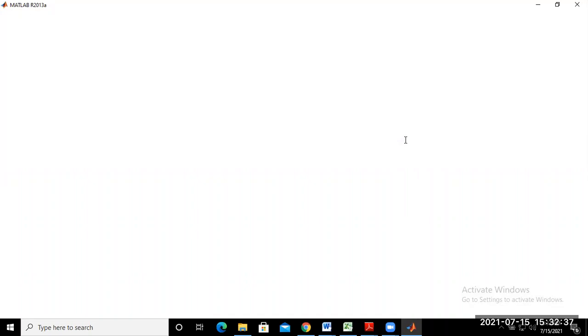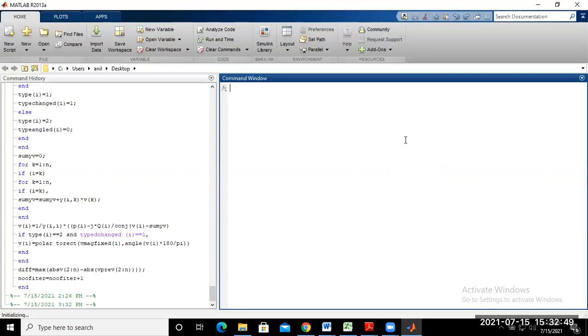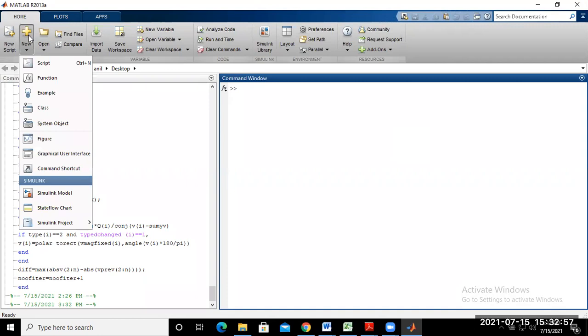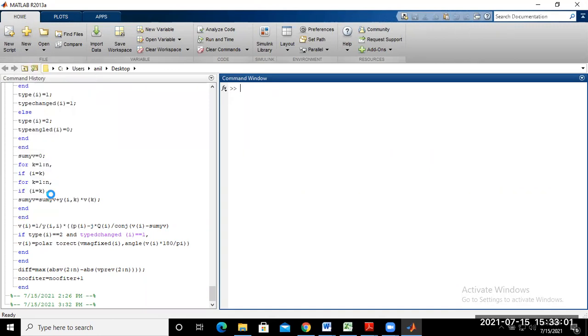Yeah, so this is the interface of MATLAB. Just click here on new workspace and click on the simulate model. It takes some time.